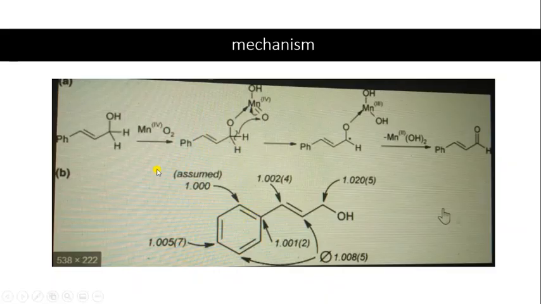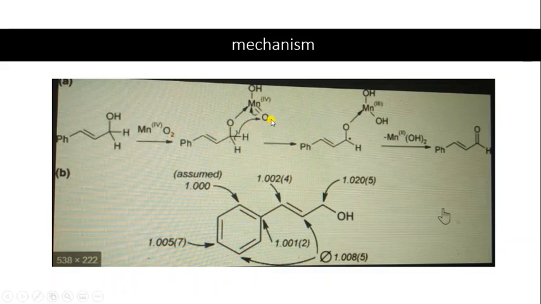This reaction proceeds through a free radical mechanism, because manganese(IV) oxide, MnO2, generates free radicals. The C-H bond is homolytically cleaved, and a free radical is now generated at the carbon.